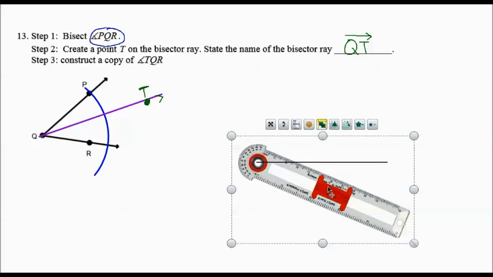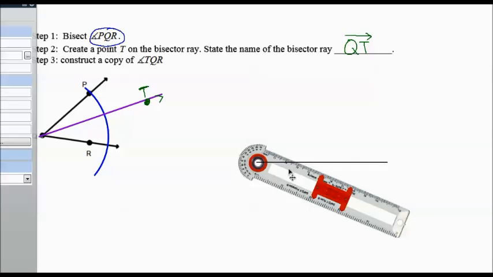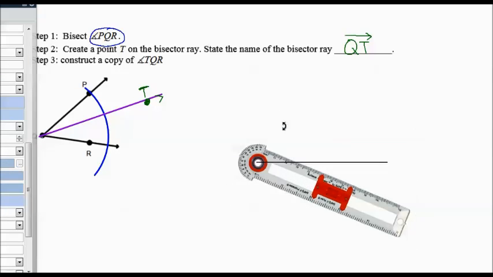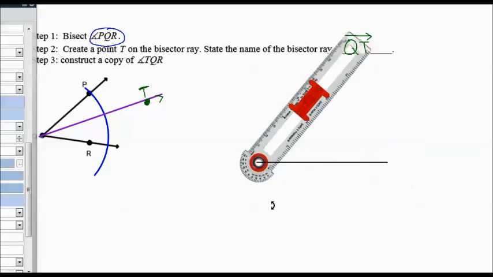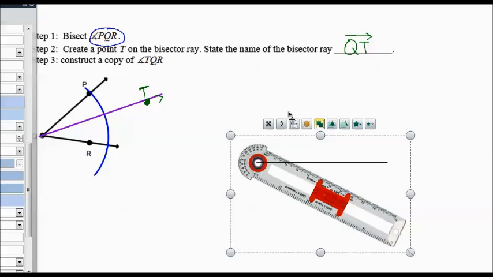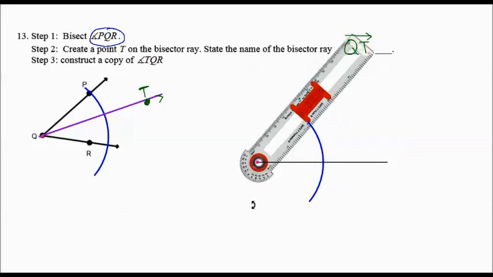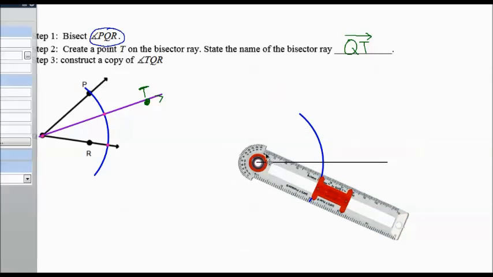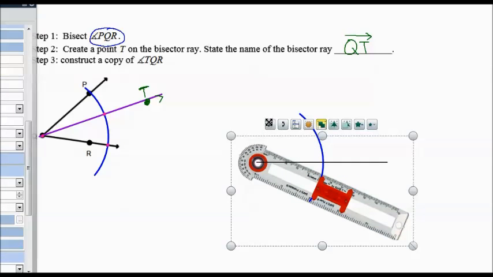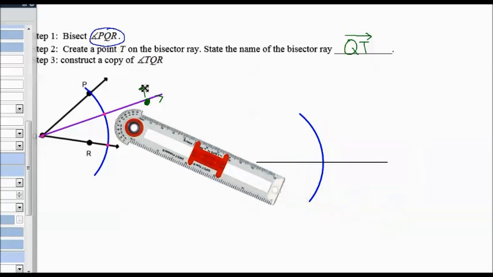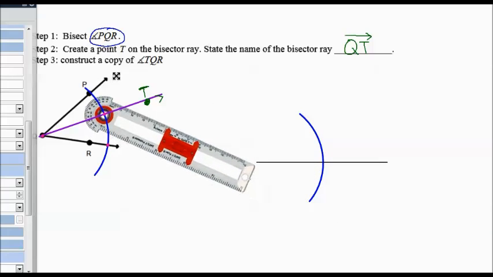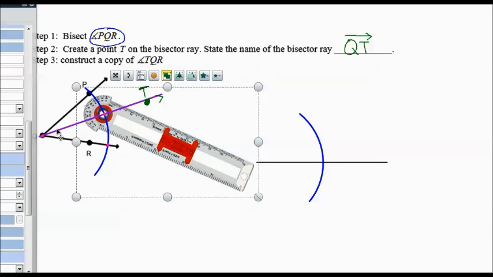You're now going to create it over here, rotating your compass from the vertex, and the arc is marked with your pencil mark. Now you're going to move your compass such that the opening of your compass matches where your arc crossed over the purple bisector line, which is going to be the top line of our copied angle.